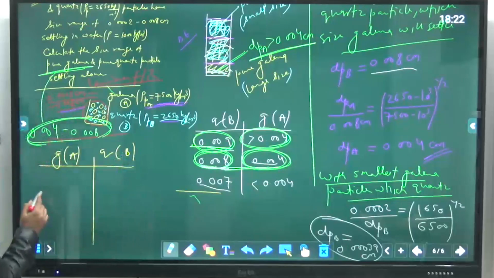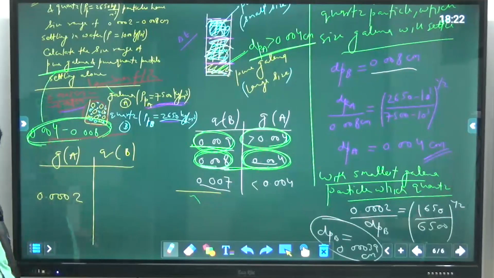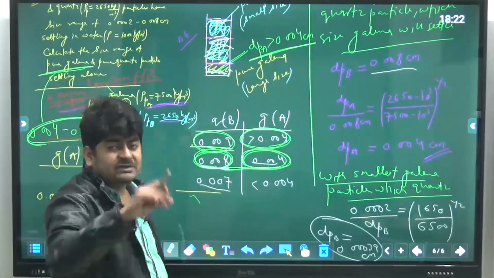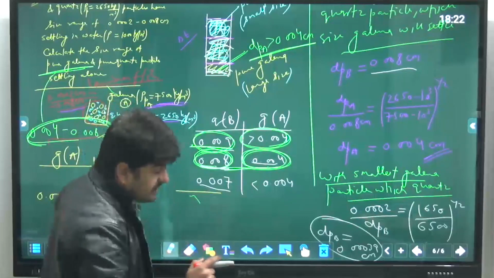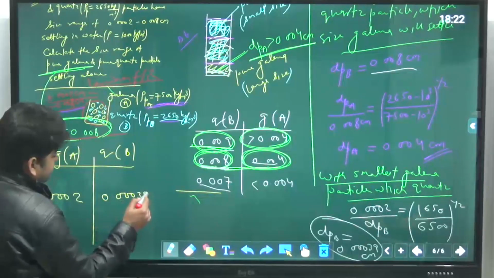That means when the diameter of galena particle is 0.0002 centimeter, the quartz particle which has the same velocity has a diameter of 0.00039 centimeter.